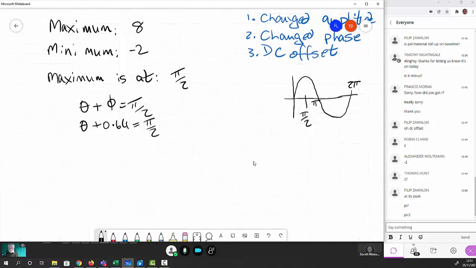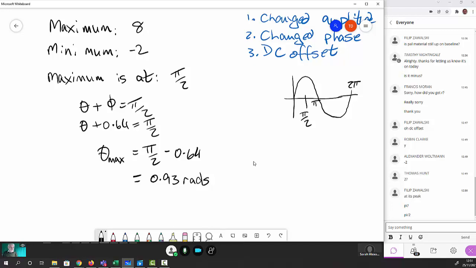So we've now got theta max is equal to pi over 2 minus 0.64, and that is going to equal 0.93 radians. Okay, so that is the position of the maximum value. So if I needed to know where that is, that's how I would find it.